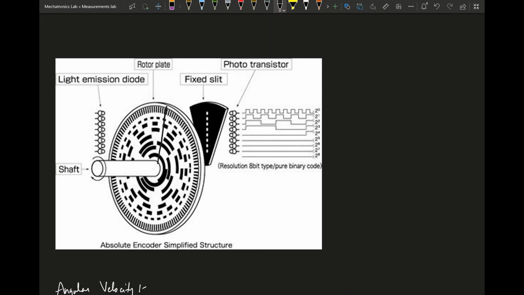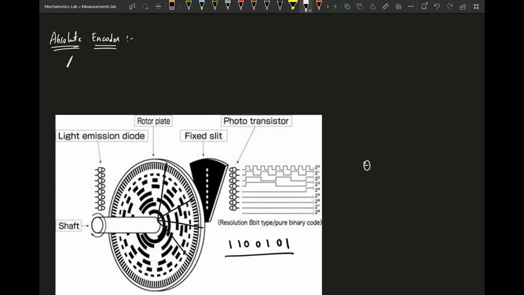Here for example the code would be 1 1 0 0 1 0 1. So for every single angular position, there is a specific code that gets detected, and using that, they know exactly which position the encoder is at. So you know exactly which theta it is at. That's the reason why it's called an absolute encoder.